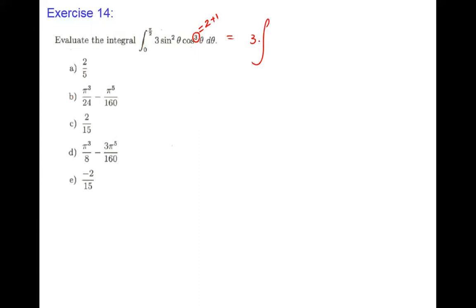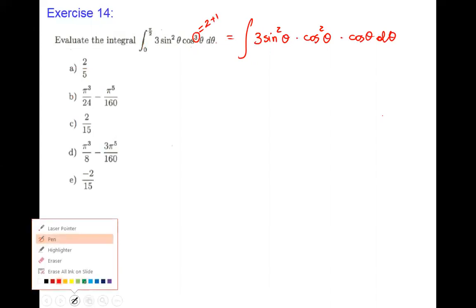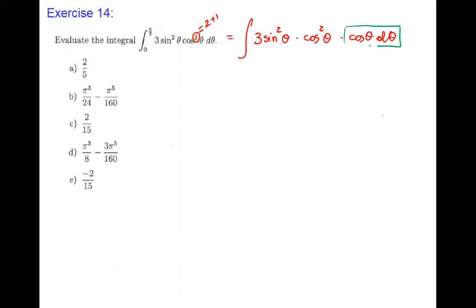I will keep the 3 outside, or maybe not. Let me keep 3 sine square theta, cosine square theta, and cosine theta. 1 and 2. And I'm keeping this to be du.